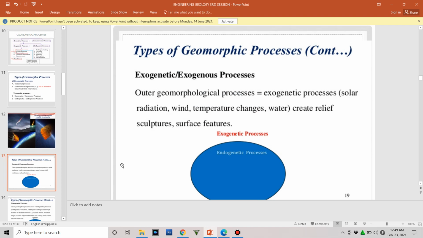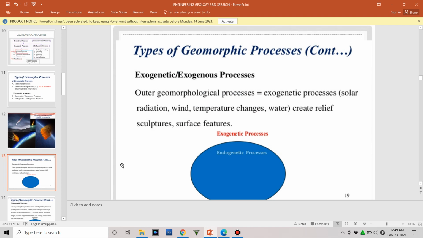When we say exogenous process, exo means outer geomorphological process. Such process includes solar radiation, wind, temperature changes, and water. It creates relief sculptures and surface features.